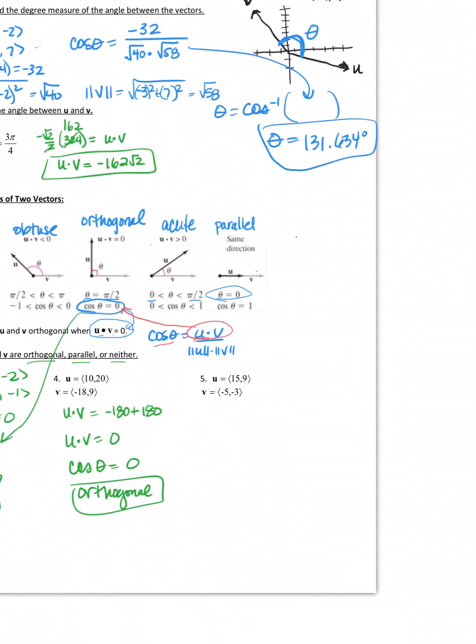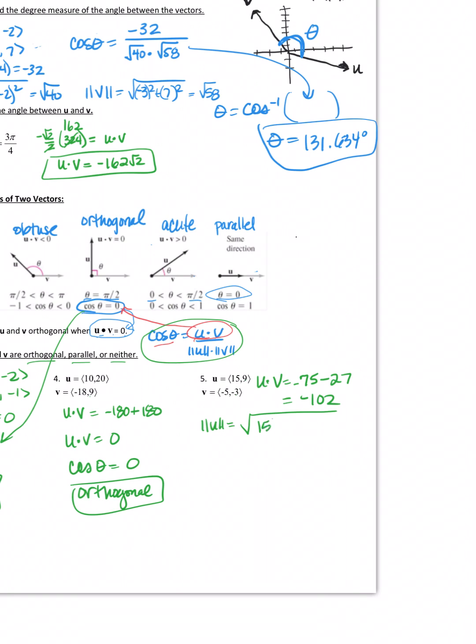One more. If I do my dot product here, that's going to be 15 times 5 is 75, but this is -75. 9 times 3 is 27, so it's -27. So my dot product is not 0. It is -102. Okay, so we need to carry on. We're going to keep going with our formula here. We need to find the magnitude of u.